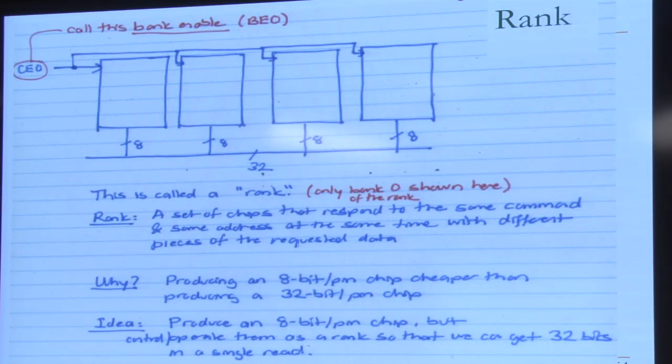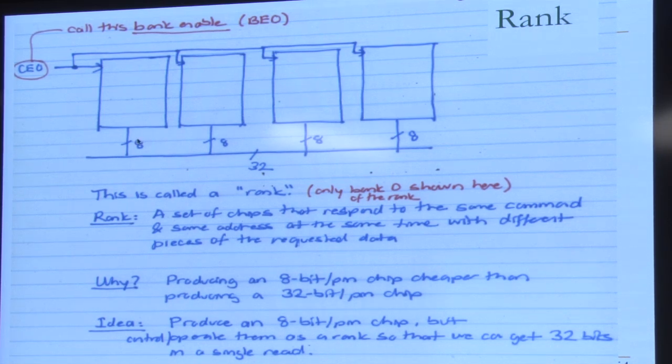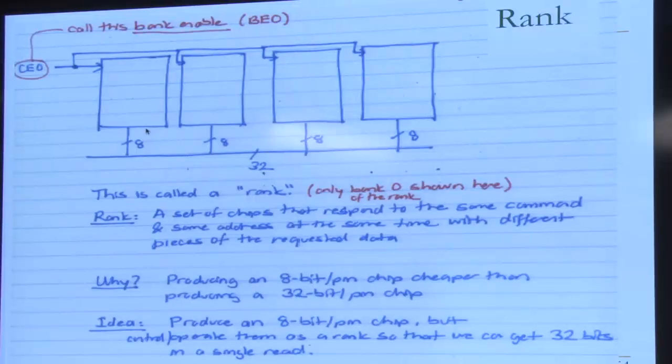Because these I/O pads that you require to actually add more pins are relatively large and they occupy a lot of area. And you have only so much chip space. OK? I'm not saying 8 is the right answer. But this is done to minimize the pin cost. So that's the idea, basically.